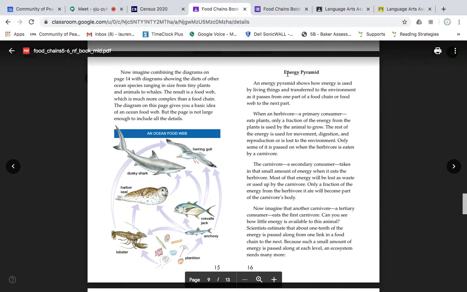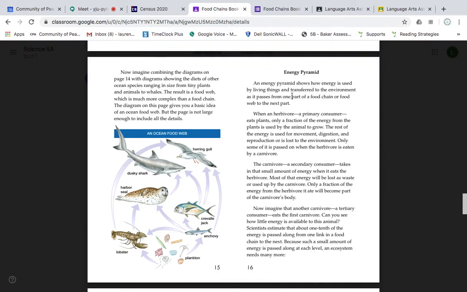Energy pyramid. An energy pyramid shows how energy is used by living things and transferred to the environment as it passes from one part of a food chain or food web to the next part. When an herbivore, a primary consumer, eats plants, only a fraction of the energy from the plants is used by the animal to grow.